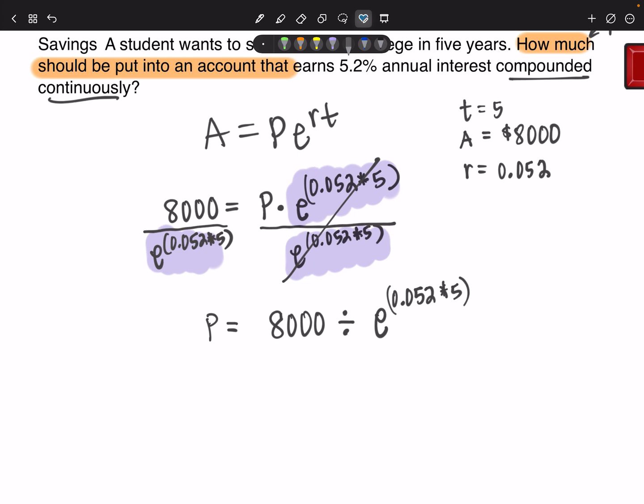And when I put that in my calculator, I should end up with a number that's less than 8,000, and I get $6,168.41.